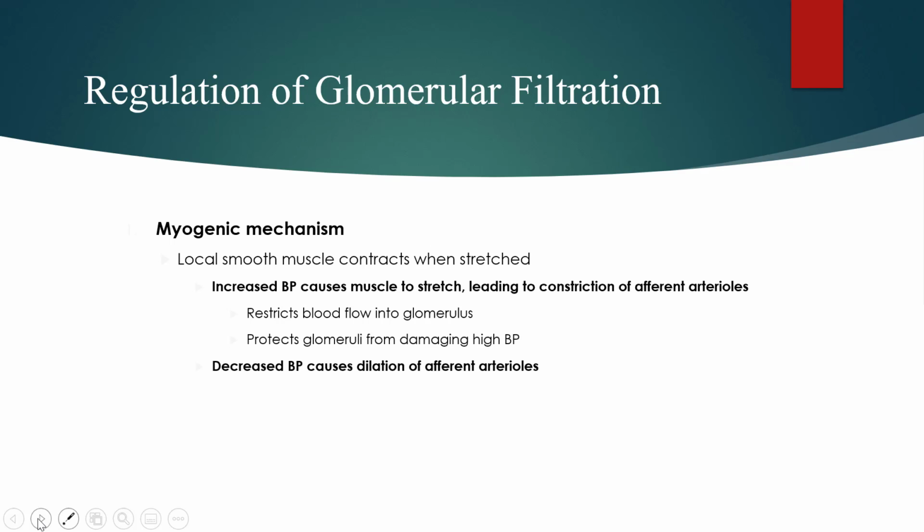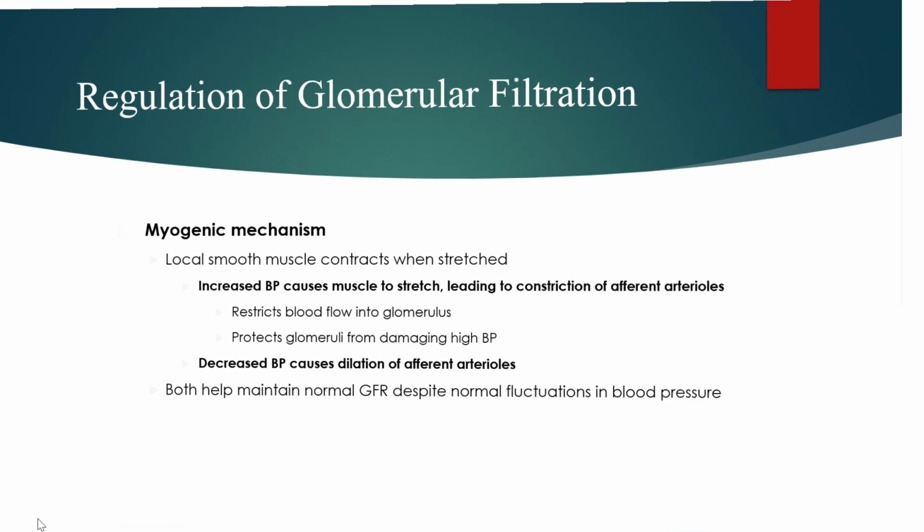Now, decreased blood pressure causes the dilation of the afferent arteriole, which is the reverse, and would help promote filtration. Both would help maintain normal glomerular filtration despite normal fluctuations in the blood pressure.